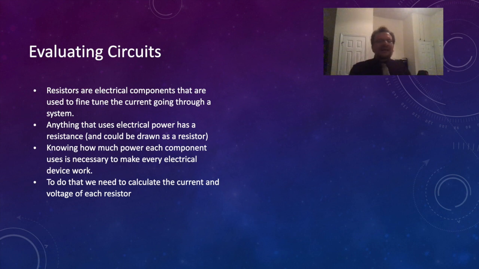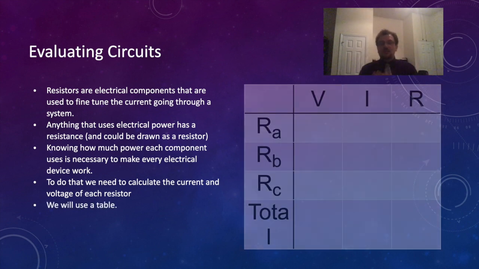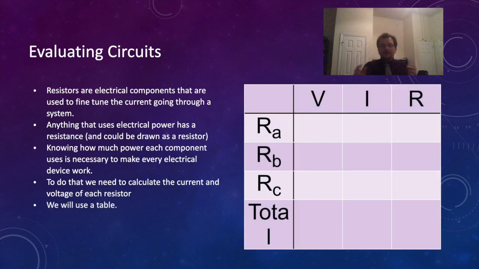So a much nicer way to solve these kinds of problems is to use a table like the one we have here. Up at the top we have Ohm's law, V equals IR. And down the left-hand side, we have the various different resistors that we can use. So we have resistor A, resistor B, resistor C, and total. So let's take another look at our circuit and let's start filling some stuff in.